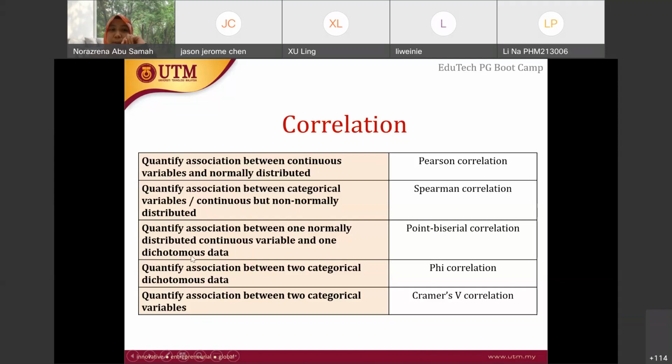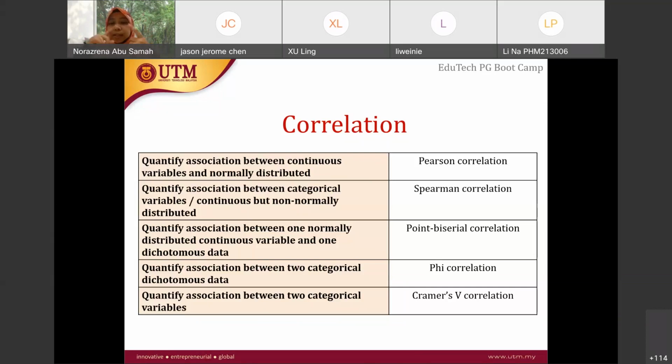Dichotomous data, for example, is gender, but it depends on how you collect the data. If the data for your gender is only male and female, then it becomes dichotomous. You understand what I mean, right? Only two options.